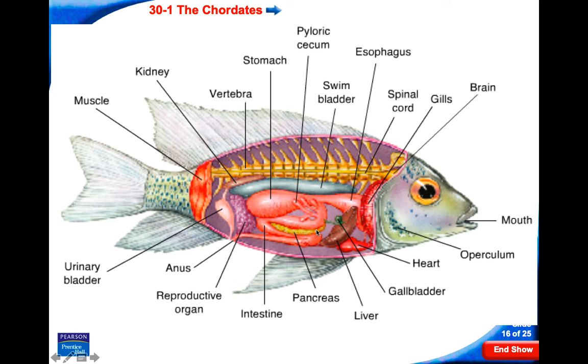You'll notice some other organs along the way. There's a pancreas here, a liver, gallbladder. These three organs in particular produce certain enzymes and chemicals that will help with either breaking down food further or helping to absorb certain nutrients better.